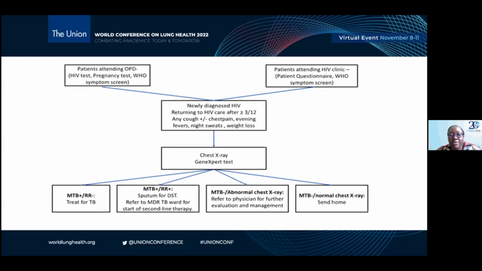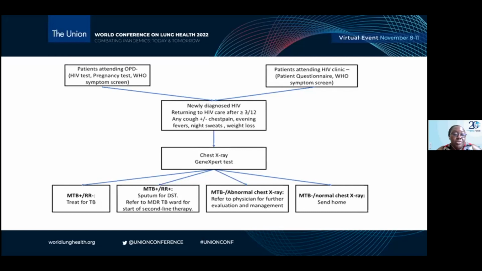For HIV patients, if patients were newly diagnosed with HIV, regardless of whether they had symptoms, they also got a chest X-ray. And if patients were returning to HIV care after more than 3 months of being lost to follow-up, they also got a chest X-ray and a GeneXpert test, regardless of whether they had symptoms or not. If the GeneXpert test was positive, the patients were treated for TB.